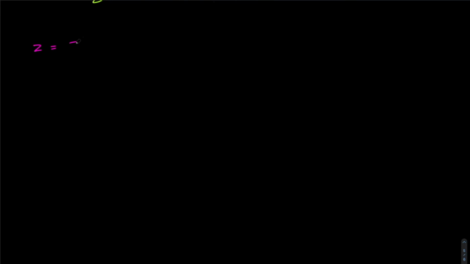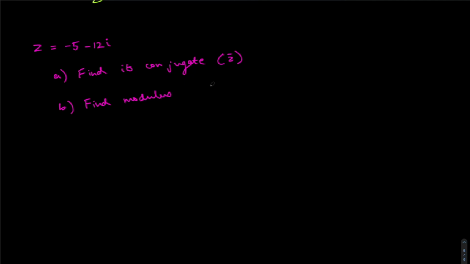So if we're given that z is equal to minus 5 minus 12i, part A: find its conjugate, z bar, and part B: find the modulus. So how do we find its conjugate?